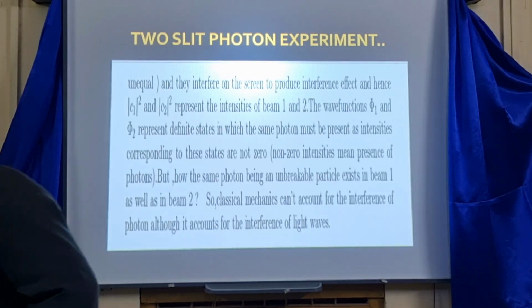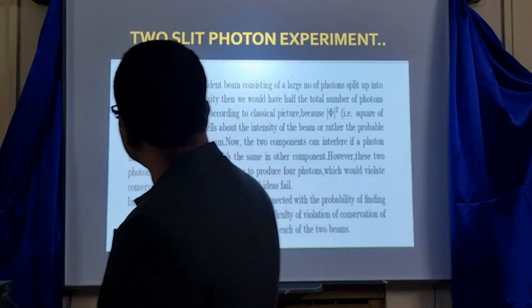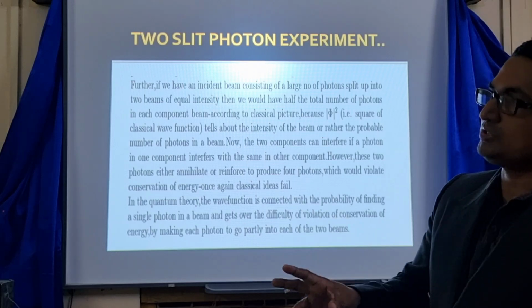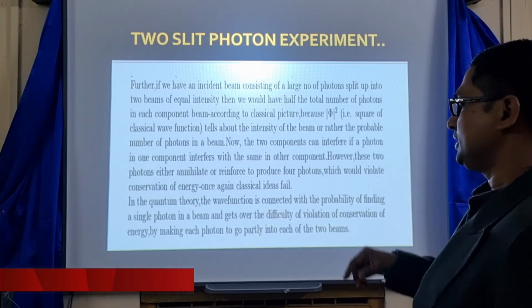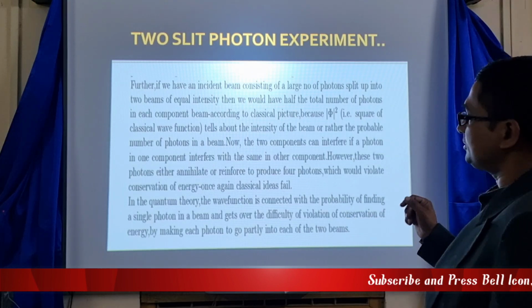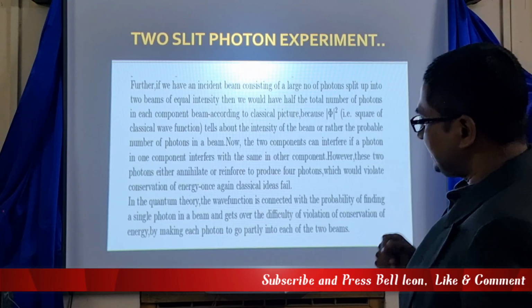But quantum mechanically, the situation is taken to be that a single photon has two states while passing through S1 and S2. One is represented by psi 1 and another is represented by psi 2.